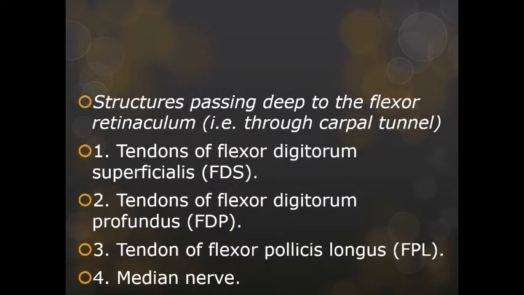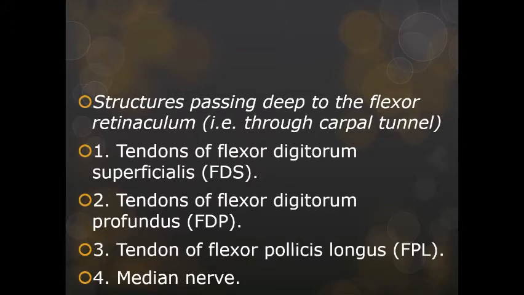Then the structures passing deep to the flexor retinaculum. What are the structures passing deep to the flexor retinaculum? Under the flexor retinaculum, that space is called the carpal tunnel. Through the carpal tunnel, we can identify the tendons of flexor digitorum superficialis and flexor digitorum profundus, the tendon of flexor pollicis longus, and the median nerve.